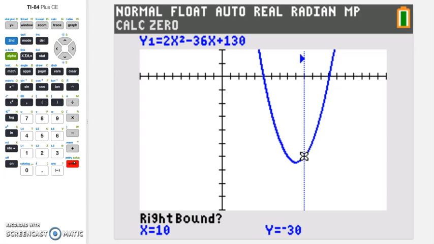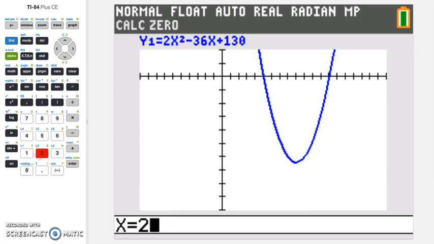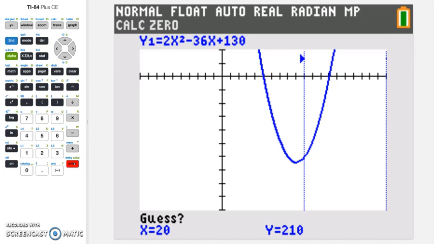Notice I have that line to the left of my second x-intercept. Right bound, I need a number bigger than my prediction of 13, so I'll help 20, enter. Notice I get a line to the right of my x-intercept, and then I'm going to hit enter again, and there it is, a zero, or an x-intercept of 13, 0.